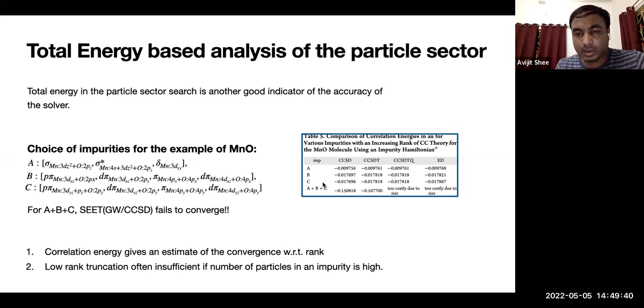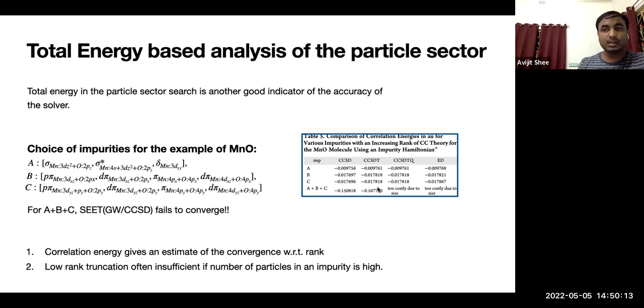Here one can easily see that for impurity A, the convergence is pretty rapid, and for B and C as well, the convergence is pretty good. But when we combine A, B, and C together, for CCSD and CCSD(T), the difference is pretty large.